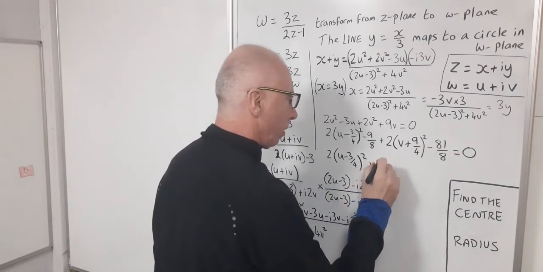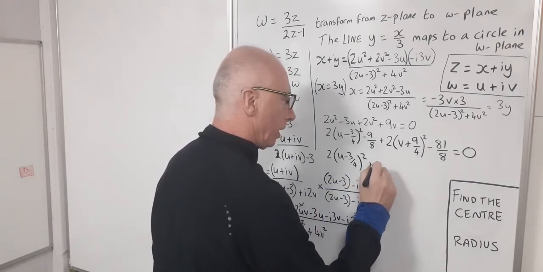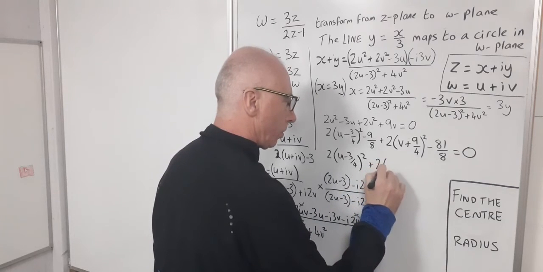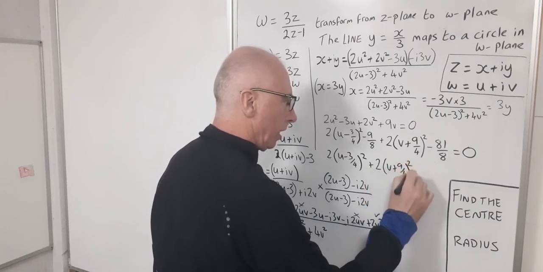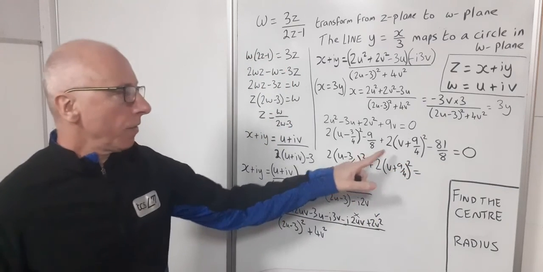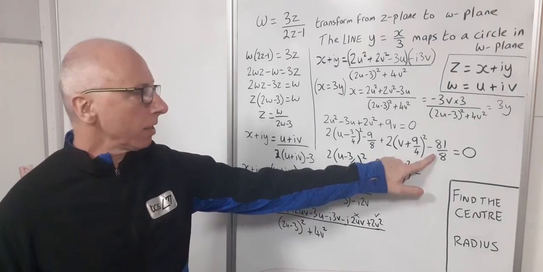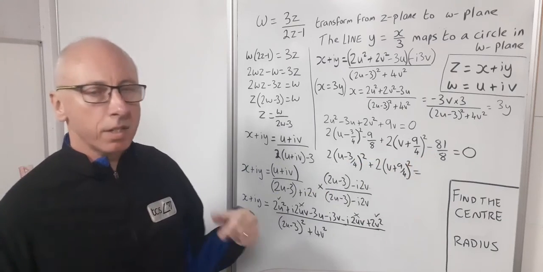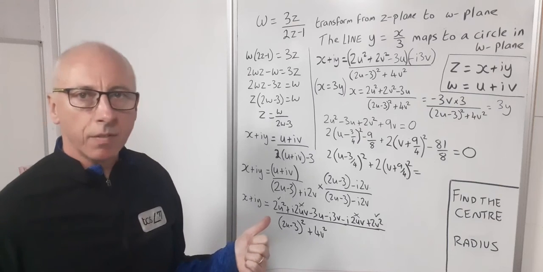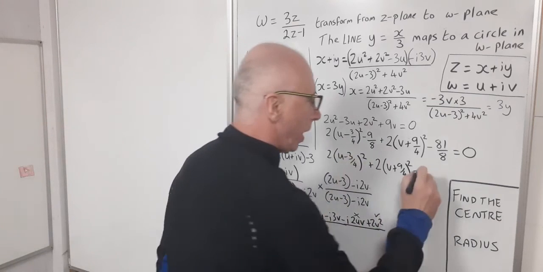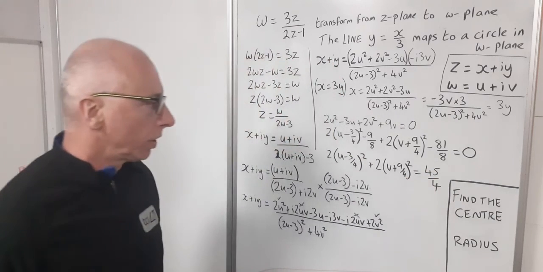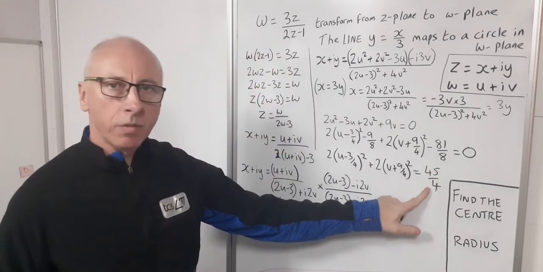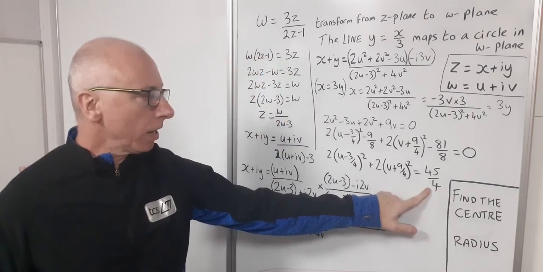That'll give me my x coordinate for my circle centre. v plus 9 over 4 squared. And then minus 9 over 8 minus 81 over 8 is minus 90 over 8. Minus 90 over 8 is minus 45 over 4. Bring to the other side, I get positive 45 over 4, which is really important. So if I take the square root of that, that's going to give me my radius.